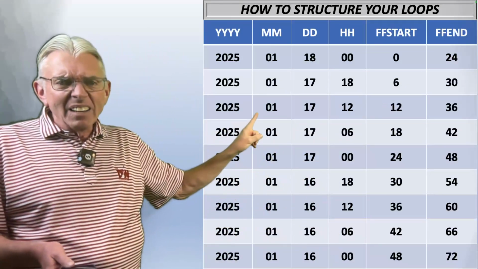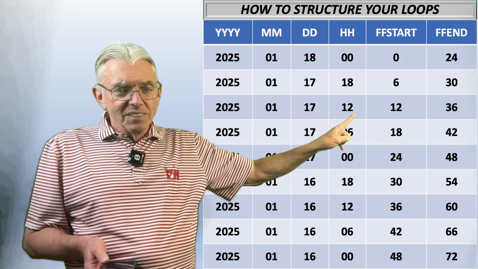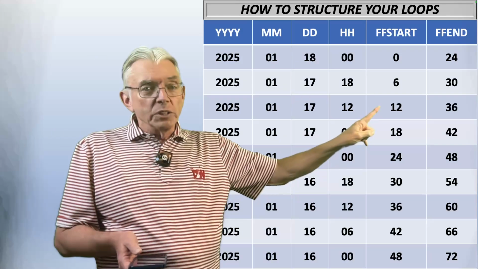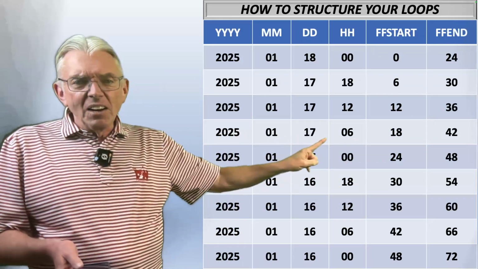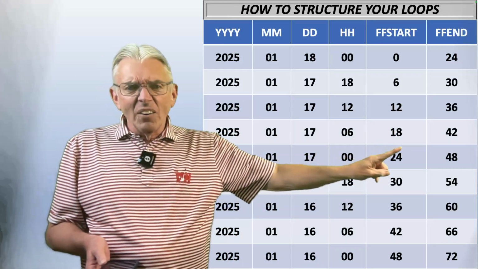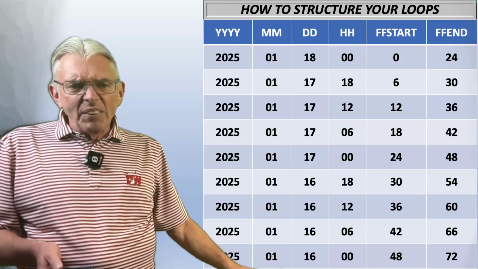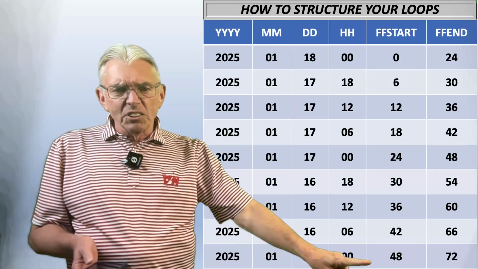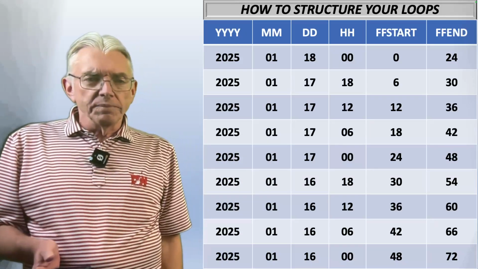Then I go back and I'm still on the 17th, but now I'm at 12Z. That's 6 hours earlier, which means I've now got to go from 12 to 36. And then here I'm down to 6Z, and I've got to go 18 to 42, and so forth, until you get all the way back here on the 16th at 0Z, and your forecast hours are 48 to 72, okay?